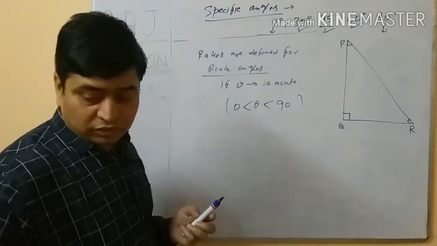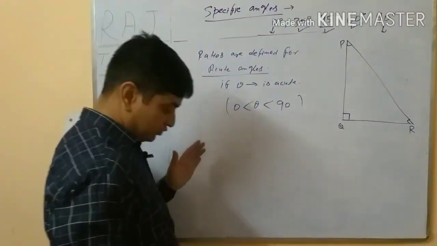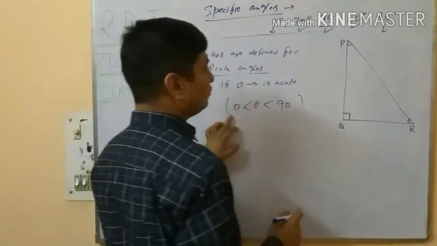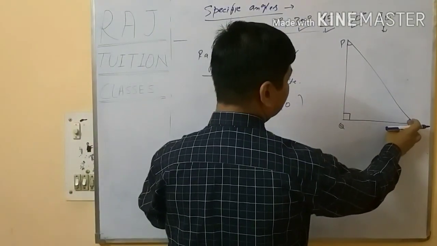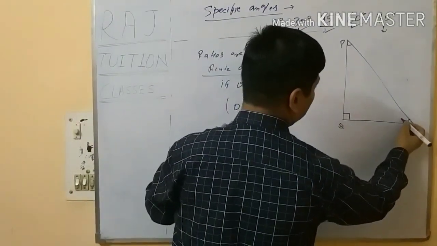But to find it out, mathematicians have tried some tricks. So to find it out, let's take this angle R as theta.